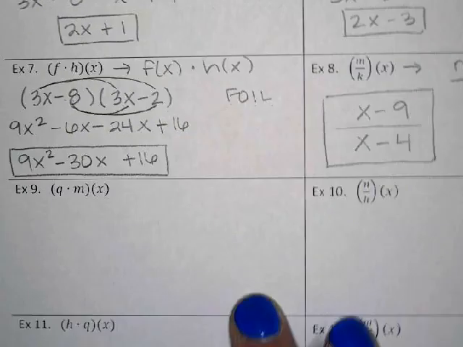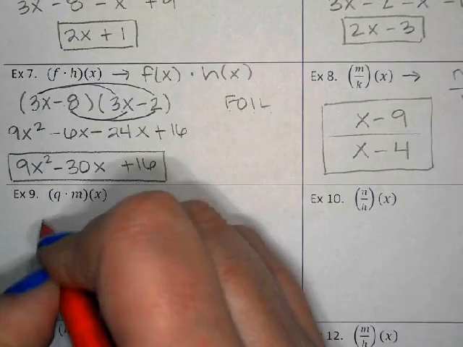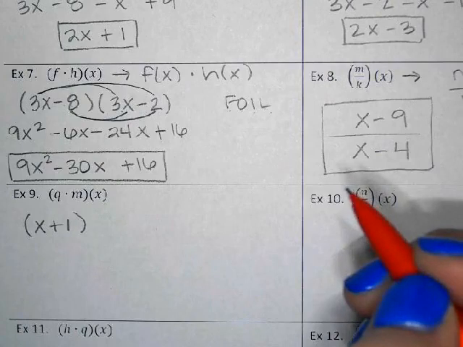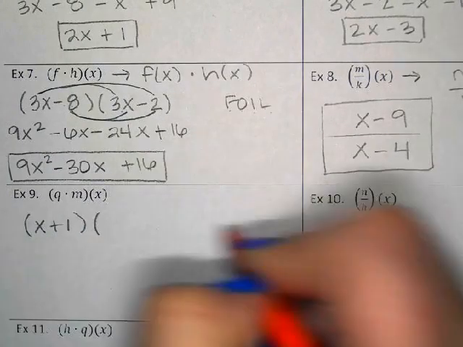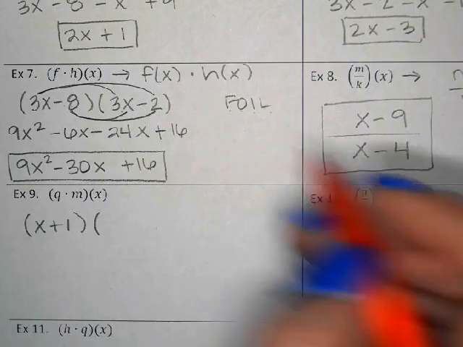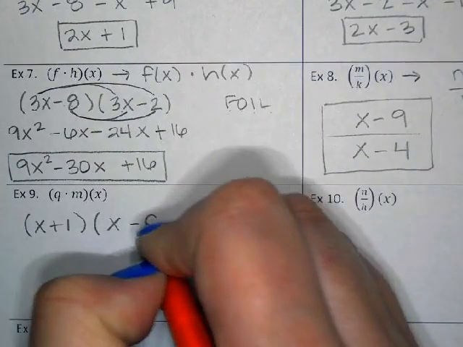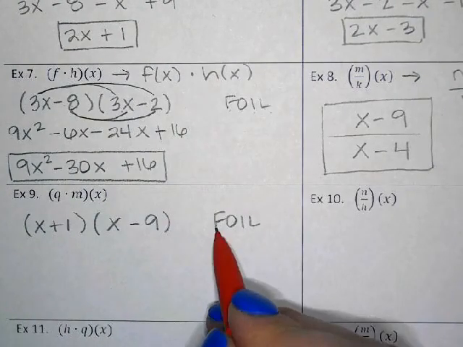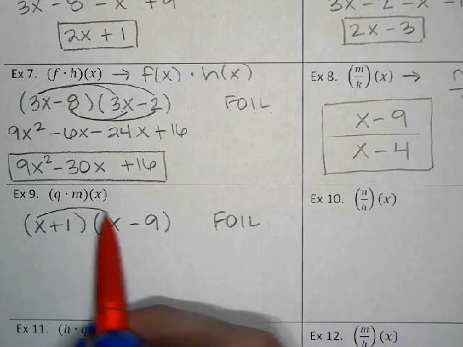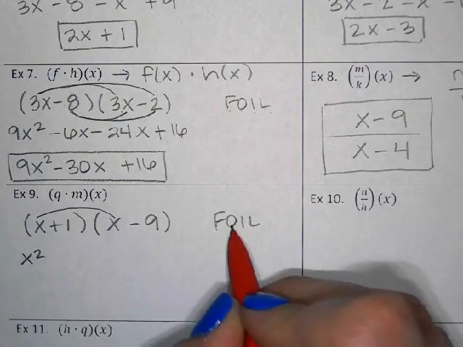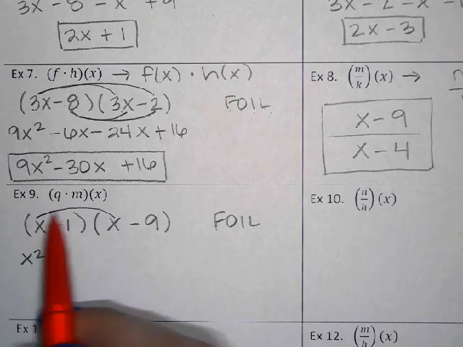So Q is x plus 1. M is what? What's M? X minus 9. Okay, and we're going to FOIL. So F, first times first. What is that? X squared. Okay. O is the outsides. What do I get when I multiply the outsides? Negative 9x.